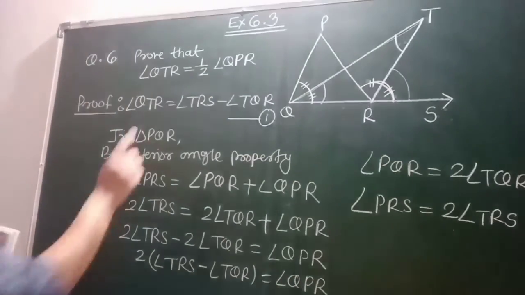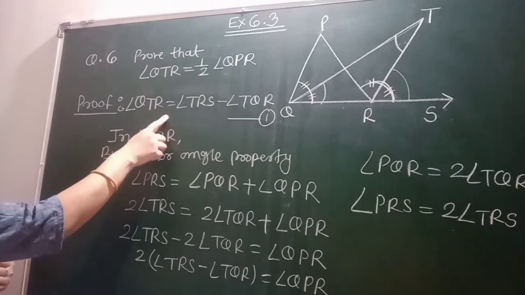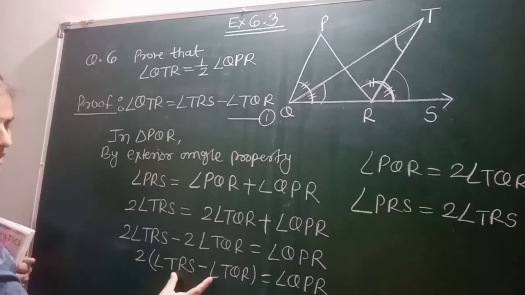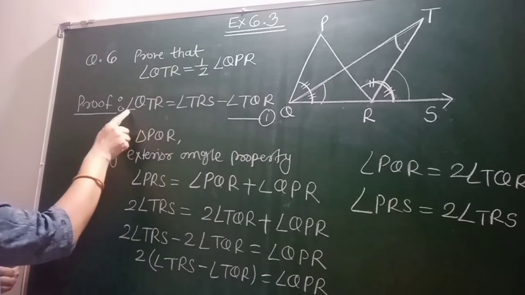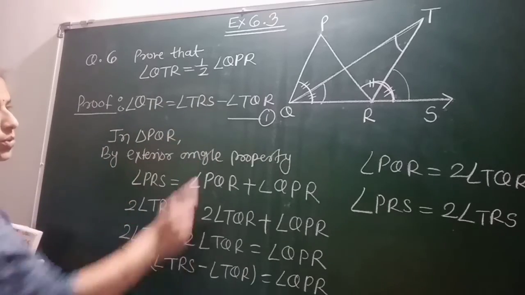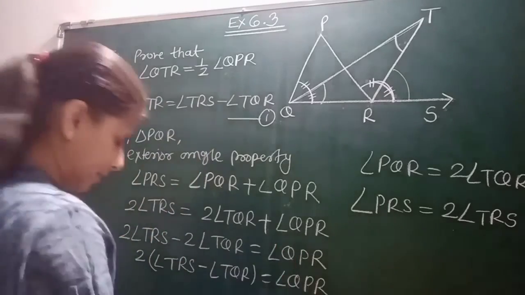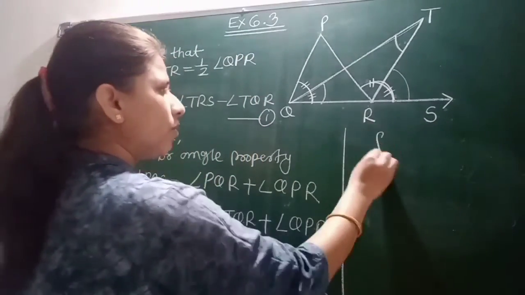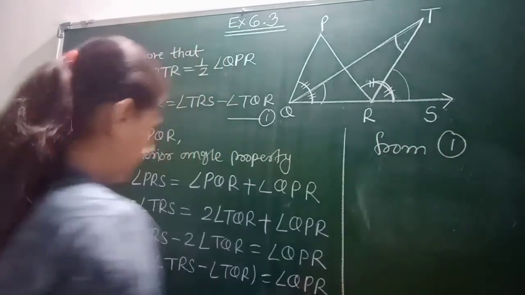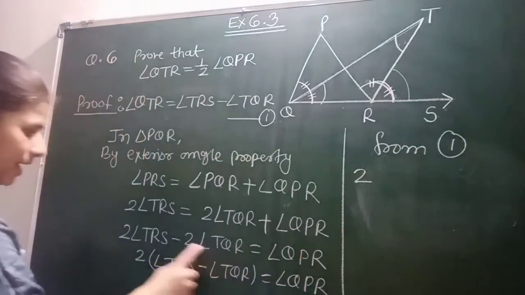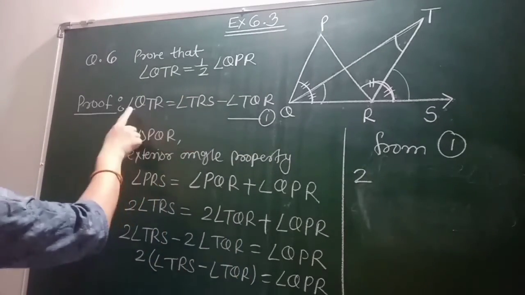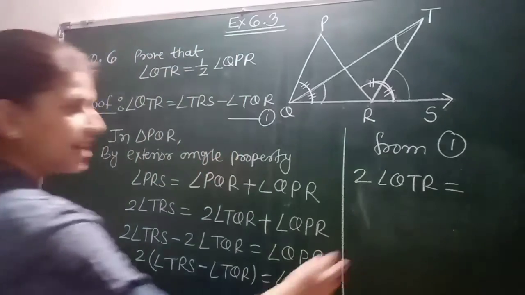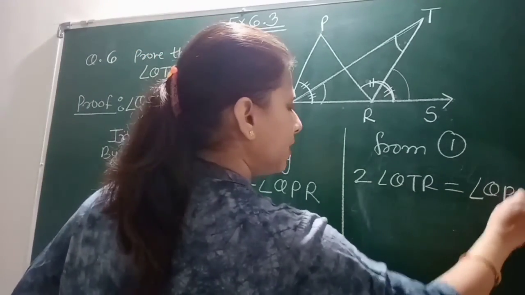Okay student, now you can see in equation number 1, we found this angle TRS minus angle TQR, it means this bracket is equal to angle QTR. So we can use here equation number 1. So from 1, in place of this bracket we can write angle QTR, and the right hand side as it is, angle QPR.